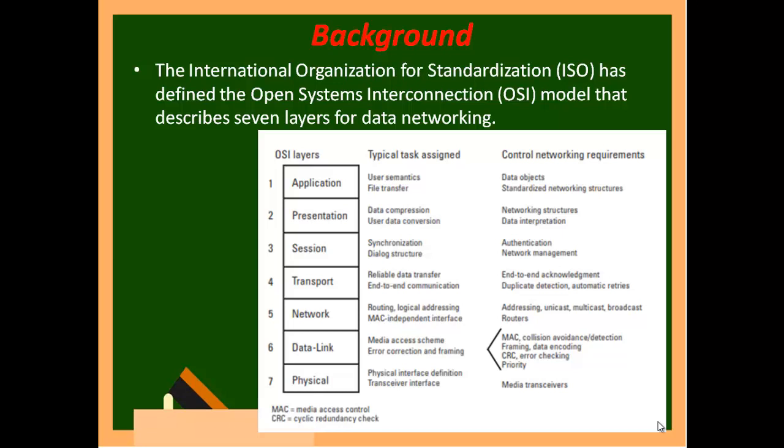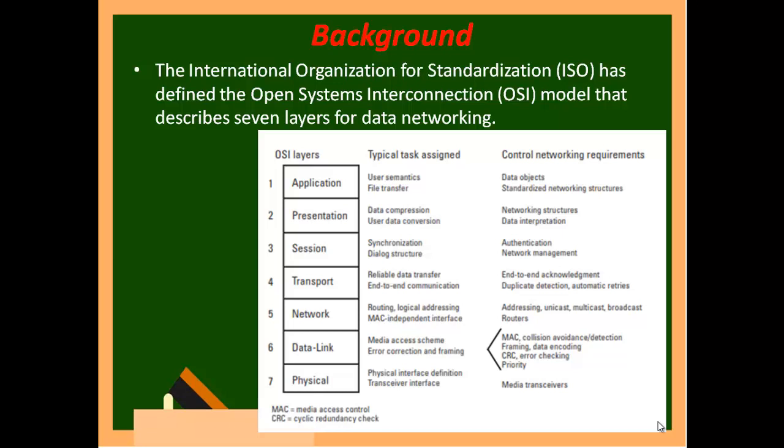From the application layer, it goes to data compression or user data conversion. Whatever you type on the keyboard and whatever is on display are combined, and it goes for data compression, because it cannot be sent through the line without compression, as it will occupy more volume.